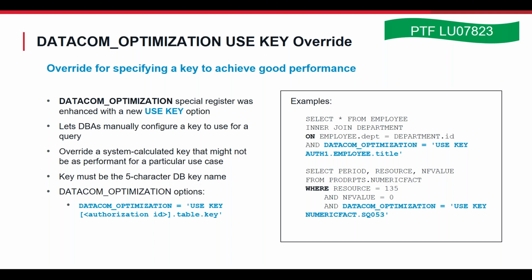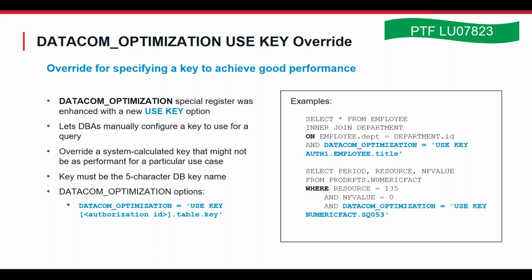Using this, if you have a query that is not performing as well as you might think it should, based on what the system decided to use as an optimization for the query, you can look at the indexes available on the table, as well as the performance report dumped out of a query, and you can select a different key to use a different index to get a better improvement. And so this option was added.